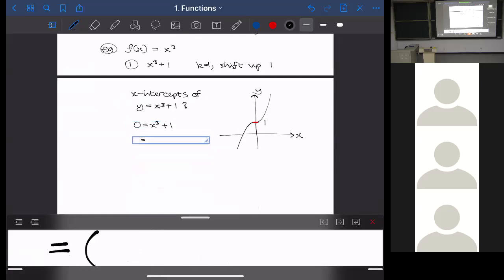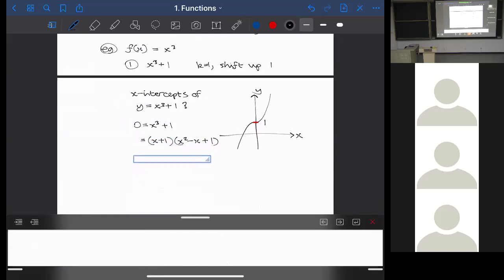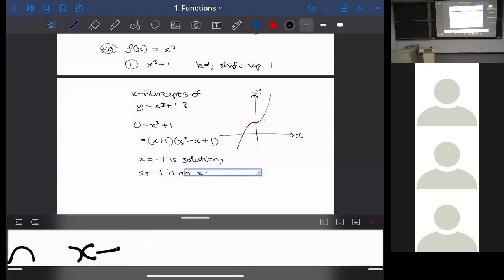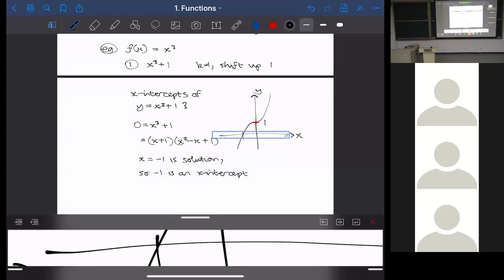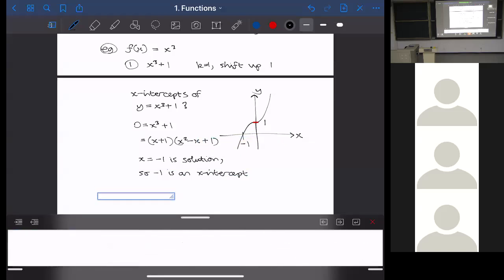And we can factor this. And we can see that x equals minus 1 is a solution. So minus 1 is an x-intercept. Okay.